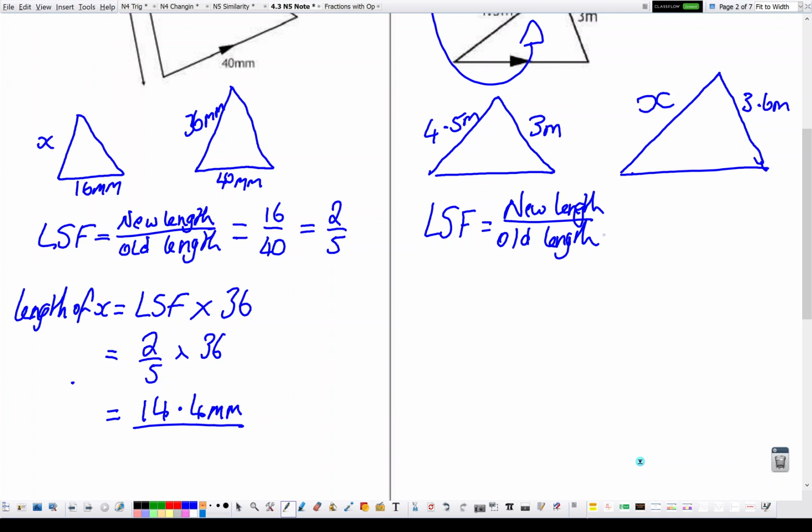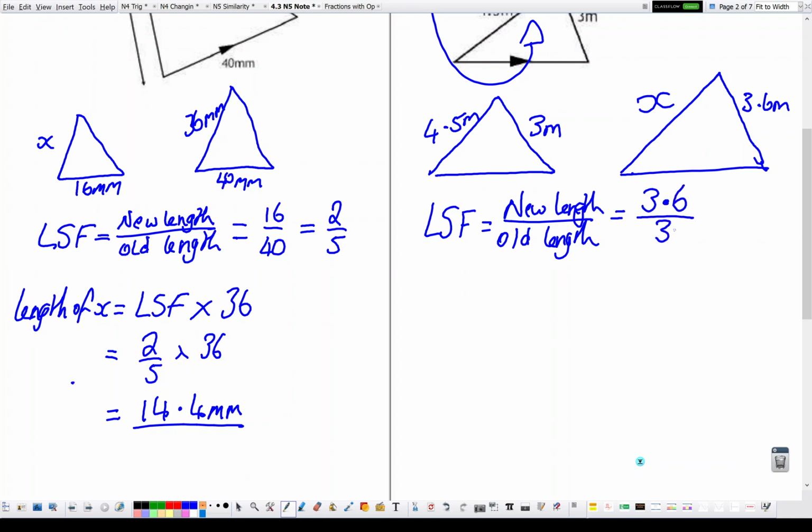And at this point, I'm going to pause and I'm going to let you do it. Now this kind of works out to be funny. So the new length, I'll just show you again. The new length is, so it's 3.6 and 3 that we use. The new length is the one with the unknown in it, so that's this new shape here. So that's going to be 3.6 divided by 3.